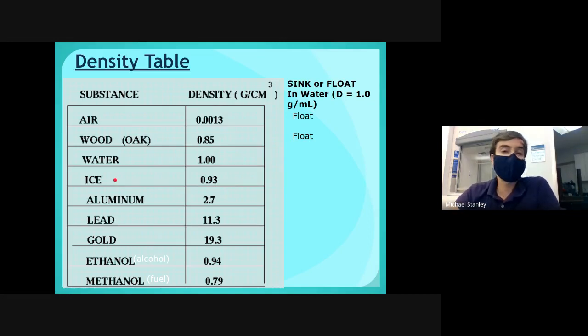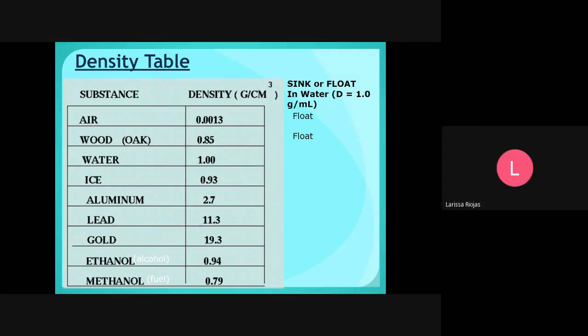Like we talked about, ice has a similar density to water. Obviously, ice is just frozen water. Ice has a density of 0.93. So is a block of ice going to float or sink in water? Float.